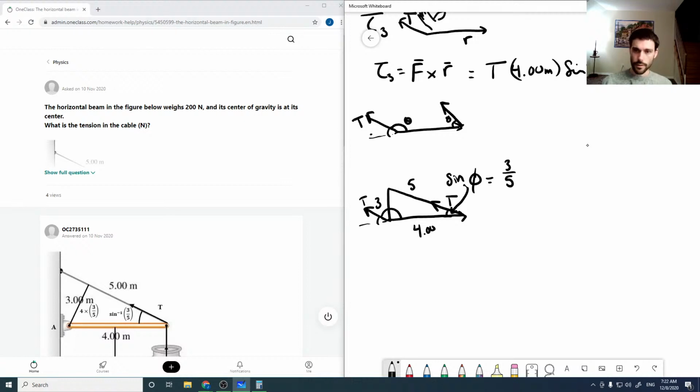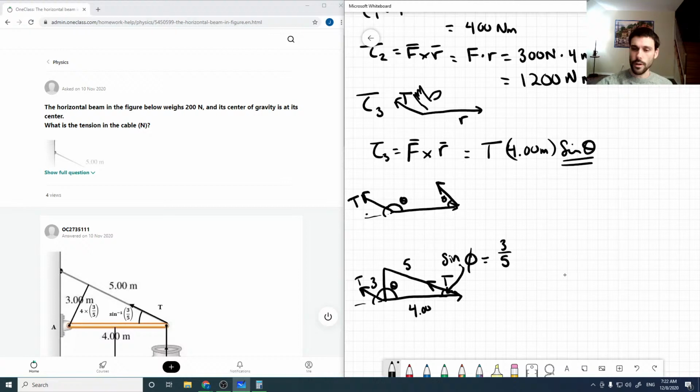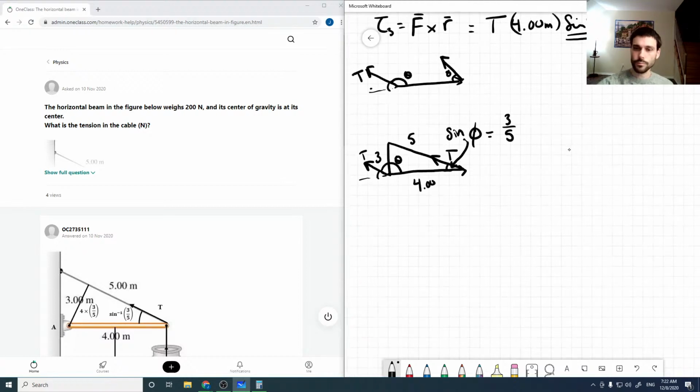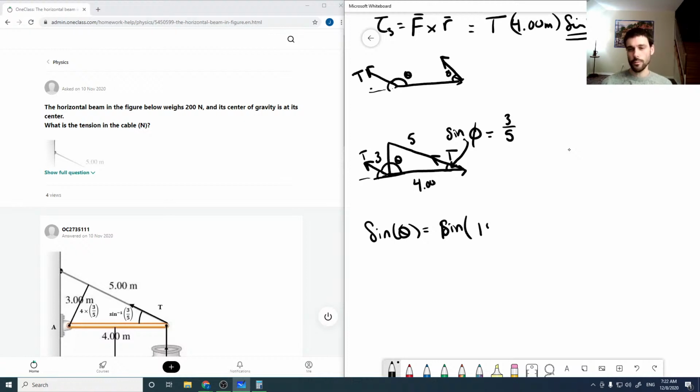Now this angle, theta, which is what's in our tension expression, if we look, sine of theta is equal to sine of the full angle, which is 180 minus phi.